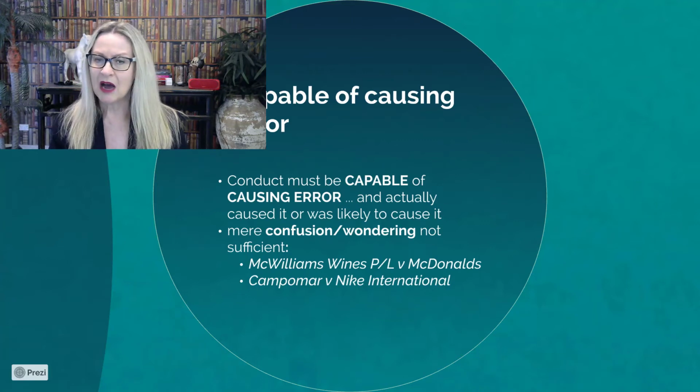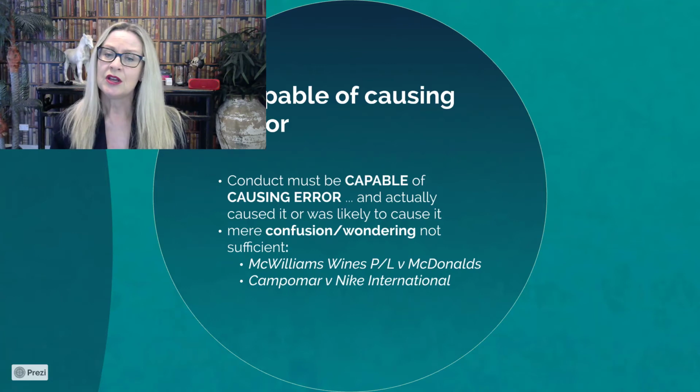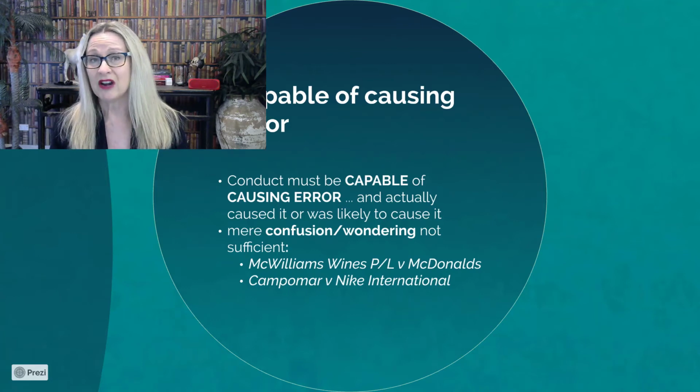In the Campomar and Nike International case, though, that was a successful Section 18 case, or misleading or deceptive conduct case, actually. That was in the old days before the 2010 revisions. But in that case, we had Campomar starting to market a fragrance as Nike Sport Fragrance.